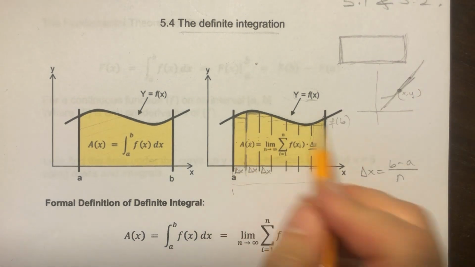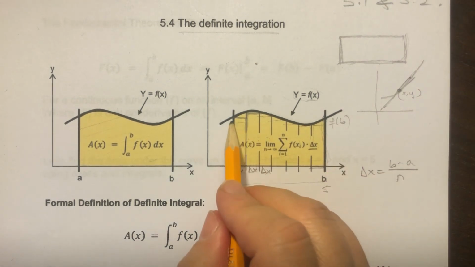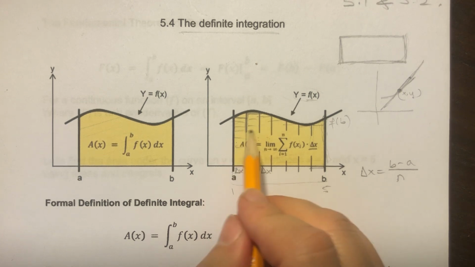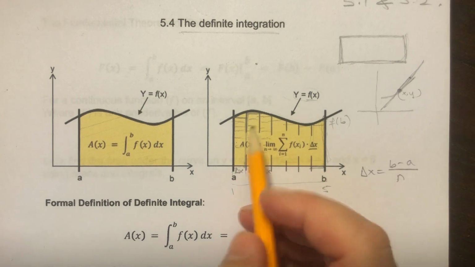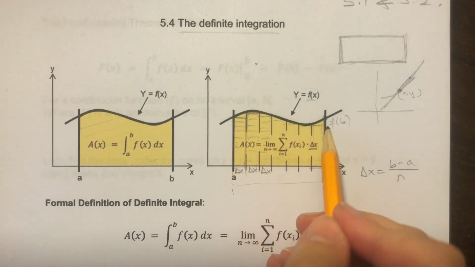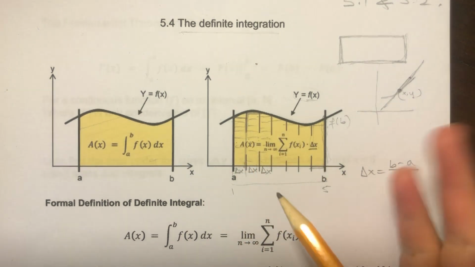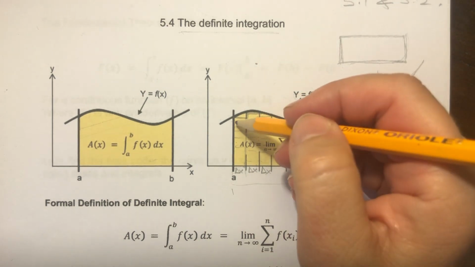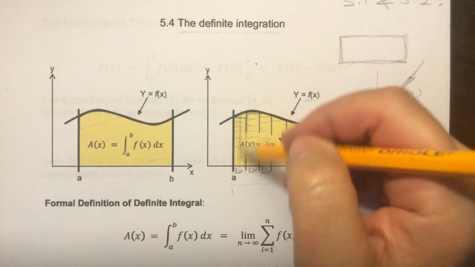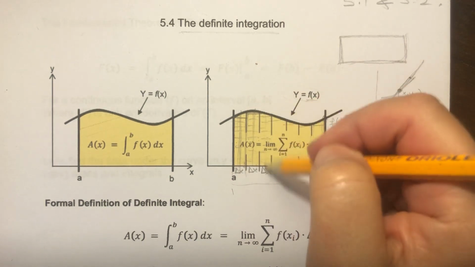Then we can approximate the area under this whole shape by the sum of the areas of all these rectangles. Sure enough, there are going to be some gaps up here. What would make this approximation better? The approximation will be better if we choose more rectangles.